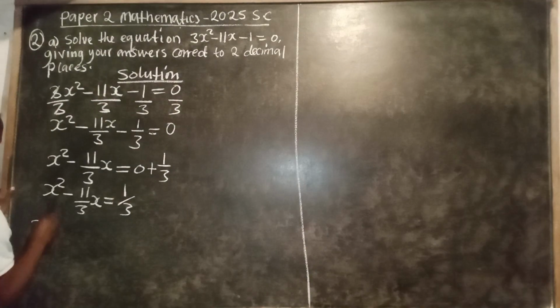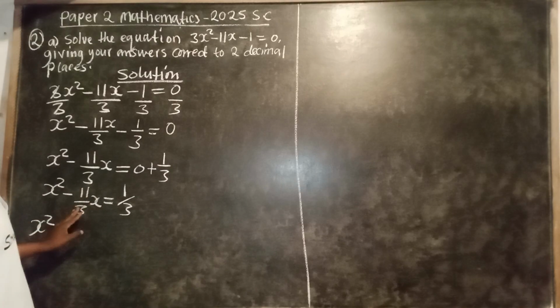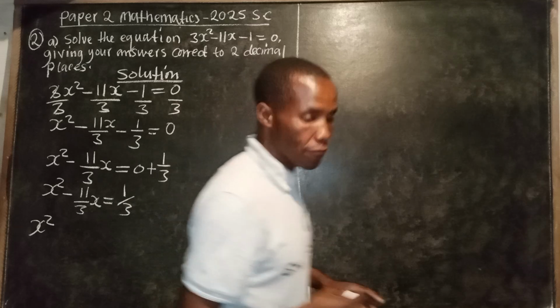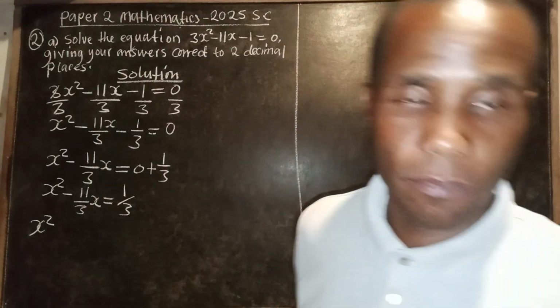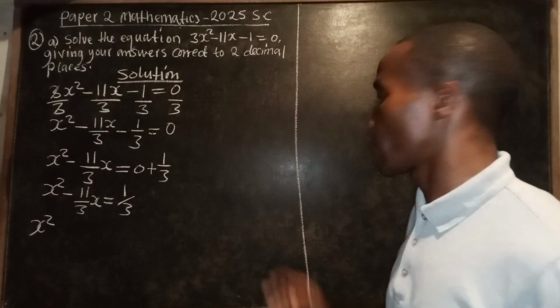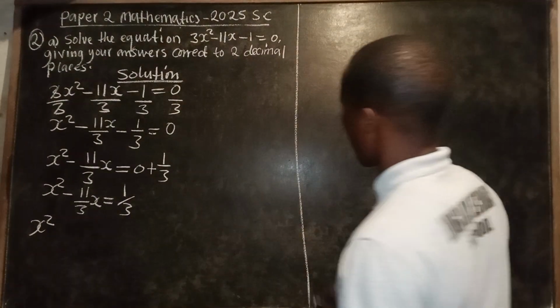So we are saying x squared, you just bring this one down. Then the half of 11 over 3. How do we find half? Remember, this is paper 2, it is a calculator version, so you can easily use a calculator to come up with the necessary answer.